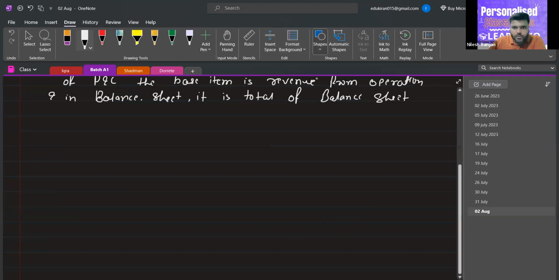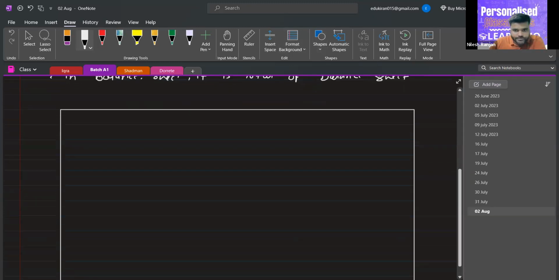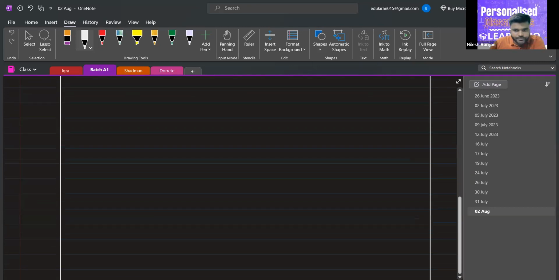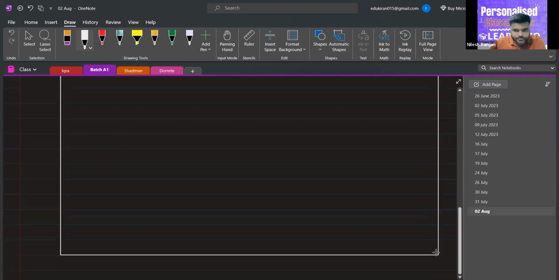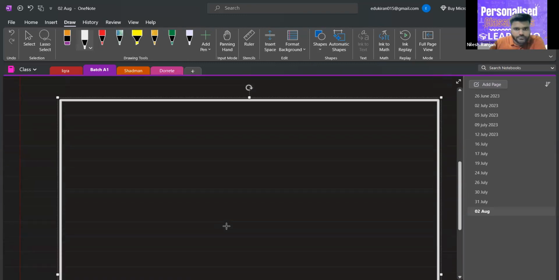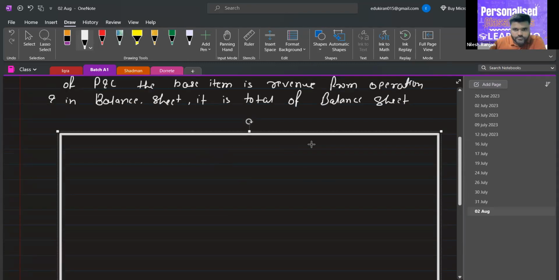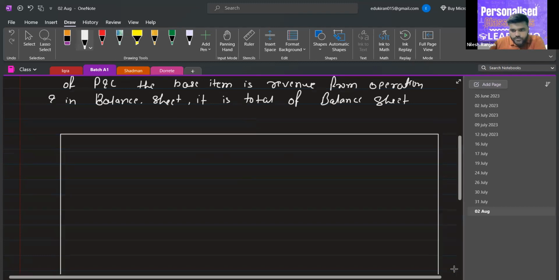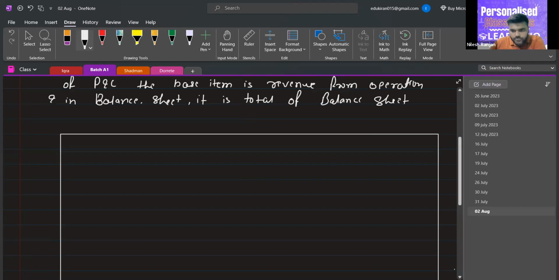Now, the format of a common size statement.